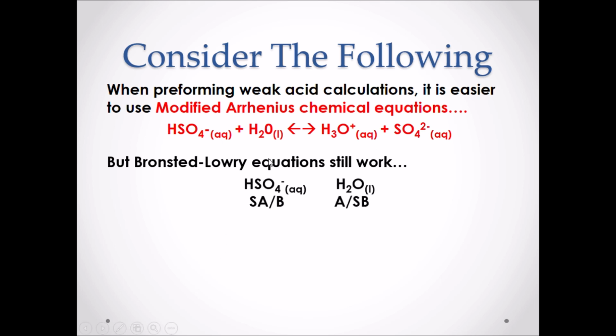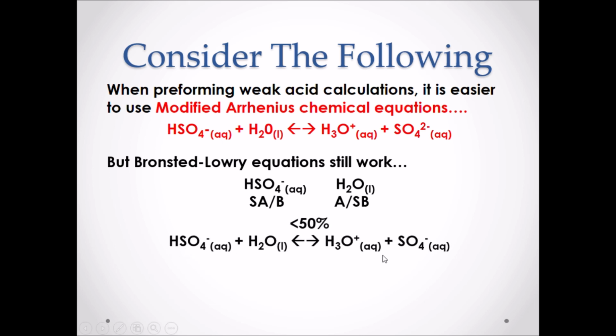If we list the species that are present, we only have HSO4- and H2O. HSO4- will be our strongest acid, therefore H2O has to be our strongest base. This provides the same chemical reaction that was shown above. So you can use either of the theories to write a chemical equation, but it is typically easier and requires less time to write a modified Arrhenius chemical equation.